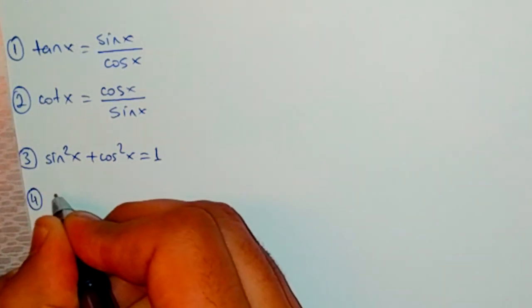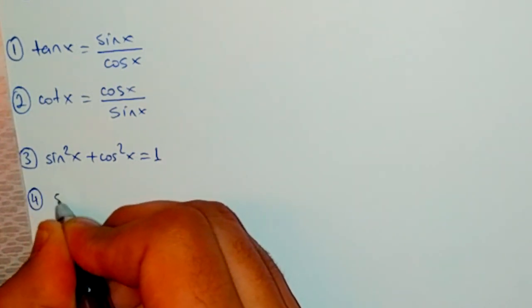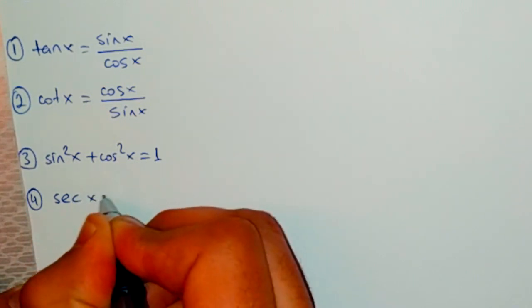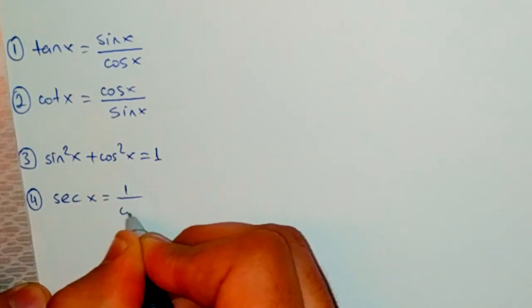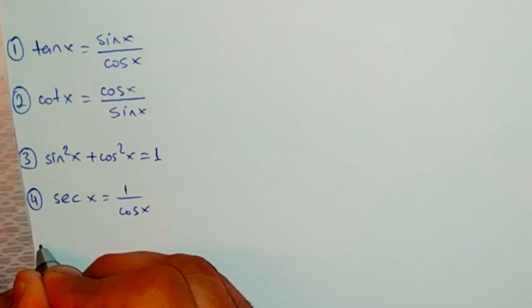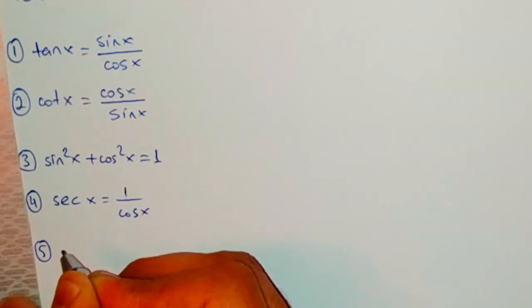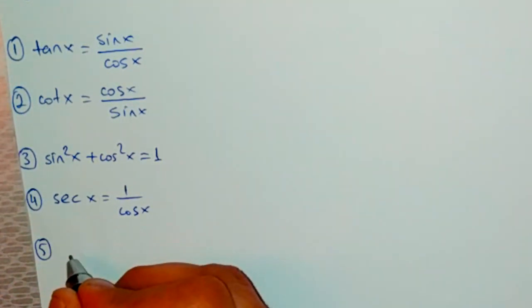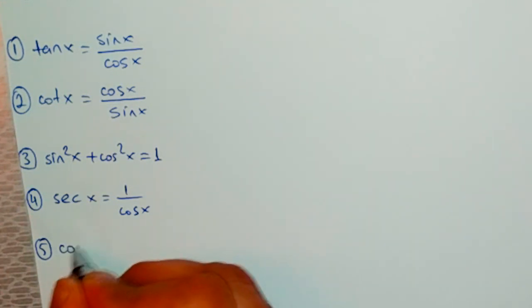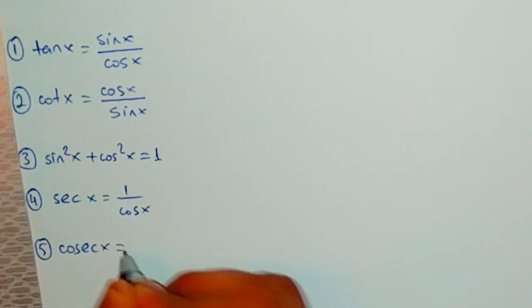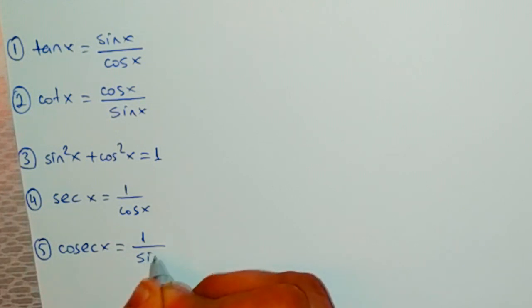The next identity is secant x is equal to 1 over cosine x. And the last identity is cosecant x is equal to 1 over sine x.